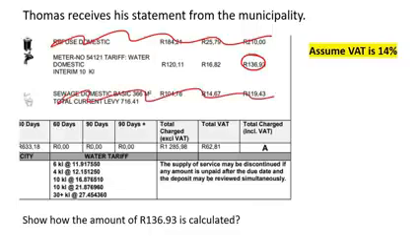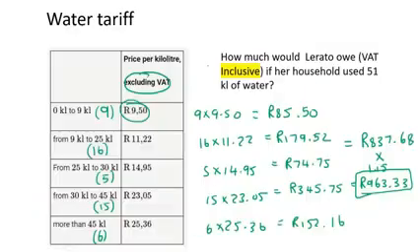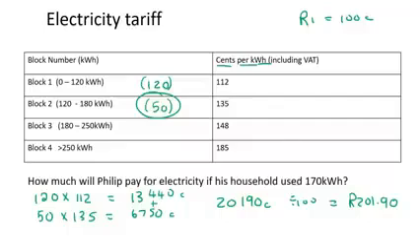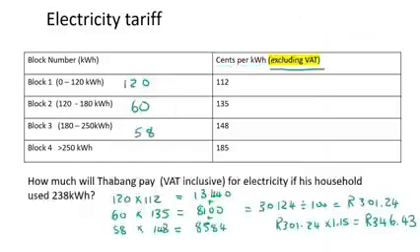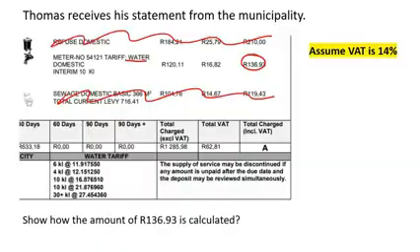Now, it tells us that this is a water tariff, okay? So earlier I showed you water tariffs, and what we have is the block. With electricity we usually call it a block, but you know, the first category, second category, third category, and then we've got the price per kiloliter over there. Now, in this one, they do it a little bit different, and this is how they do it in real life, okay?